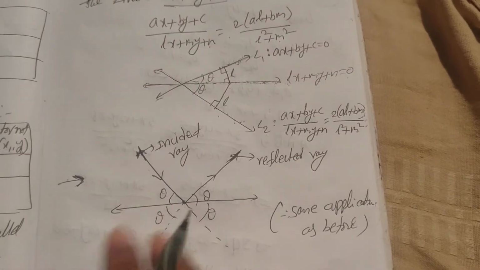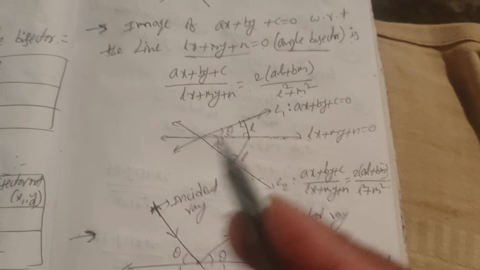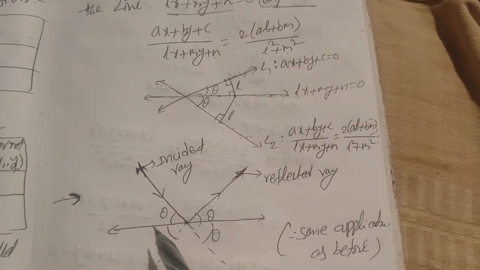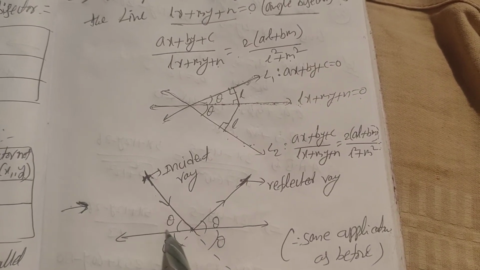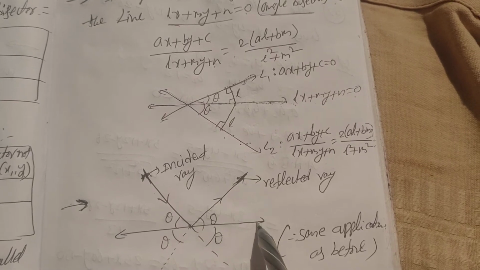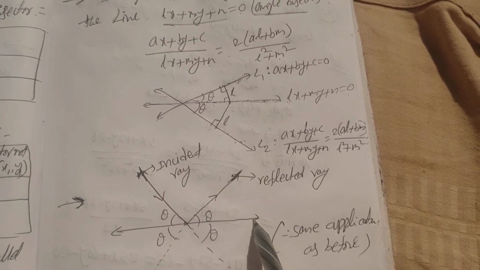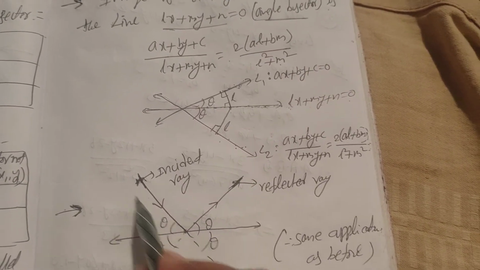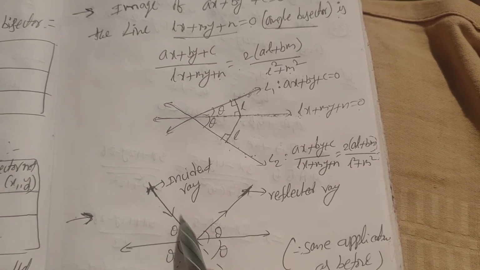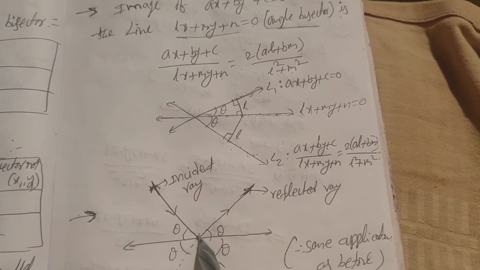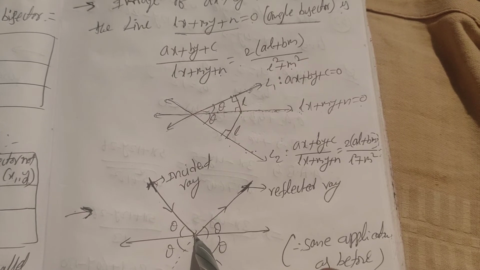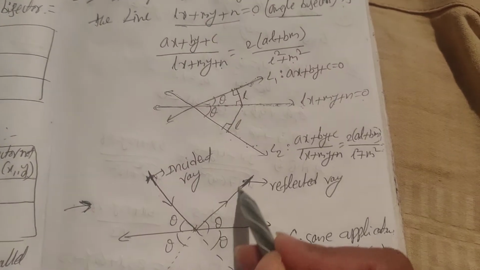Next one, in the same way as discussed above. Let us consider some smooth or mirror surface. Take an incident ray, a physics concept. If the incident ray drops like this, the reflected ray goes like this, and the refracted ray like this.